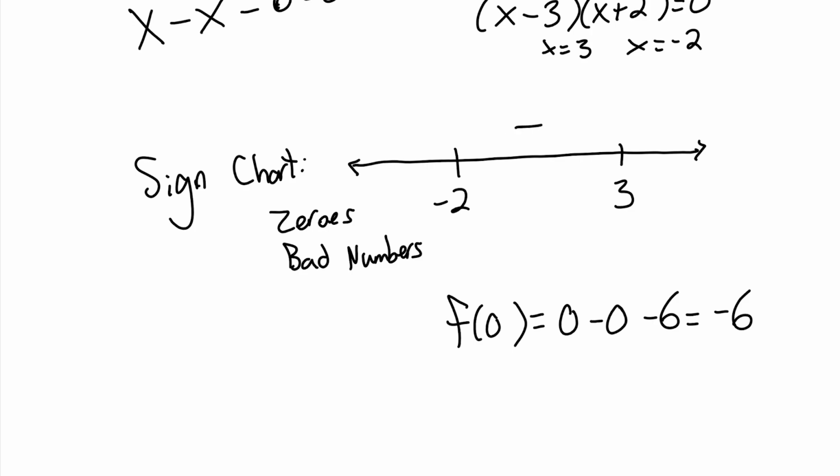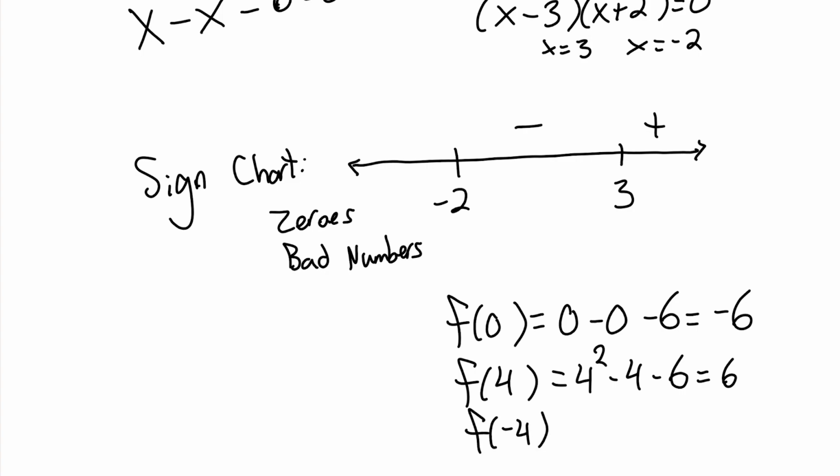So we put a negative sign to indicate that. And then maybe we do 4, because that's in the 3rd region here. So f of 4 is 4 squared minus 4 minus 6. So that's definitely going to be positive. 16 minus 10 is 6. Again, you don't even need the value.